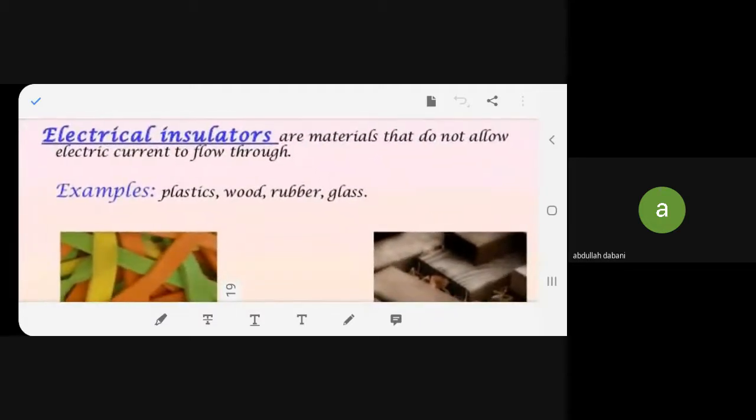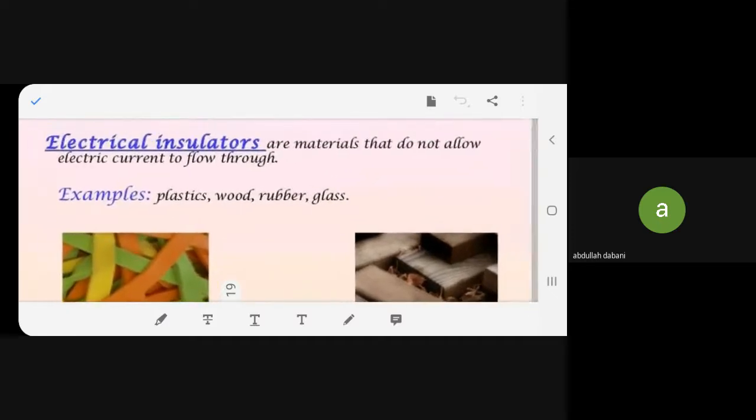We're going to talk about electrical insulators or the bad conductors. Electrical insulators are materials that do not allow electric current to flow through. Examples: plastics, wood, rubber, glass. So, what are insulators?